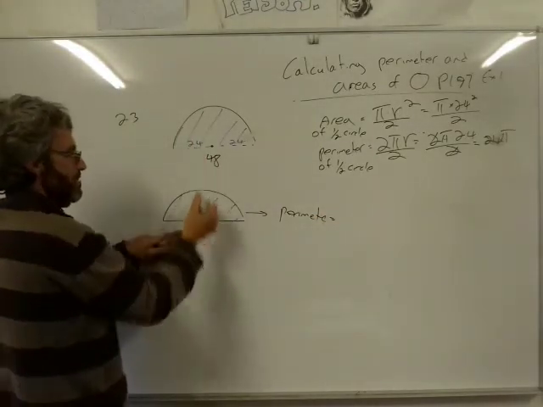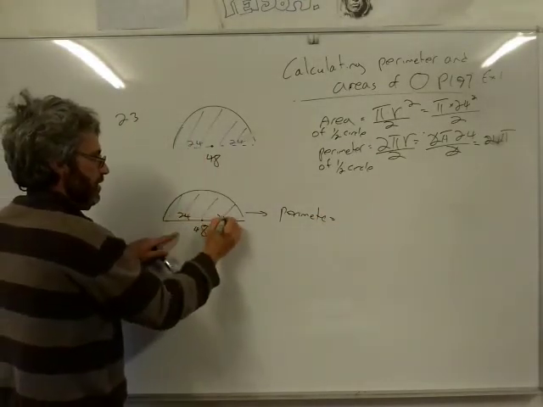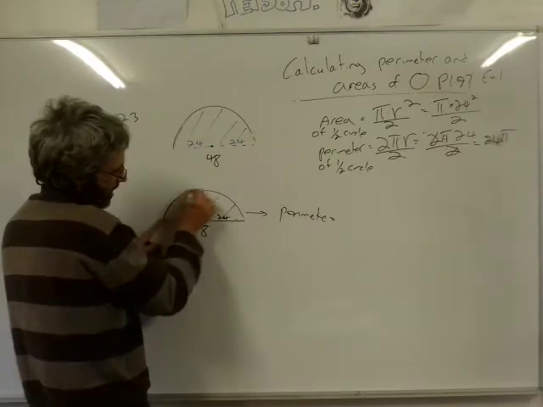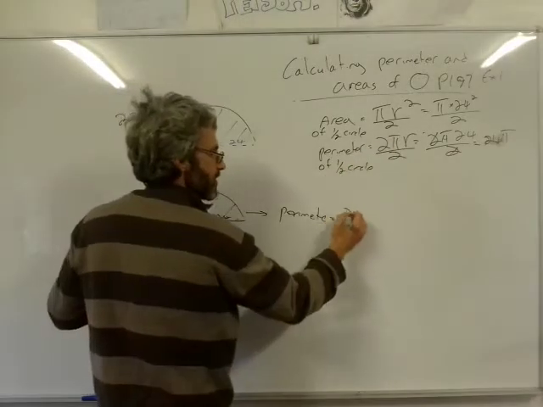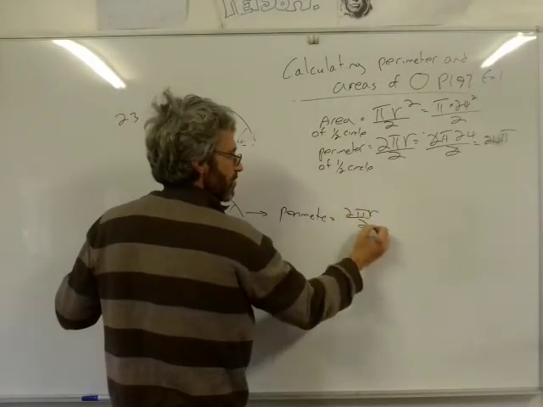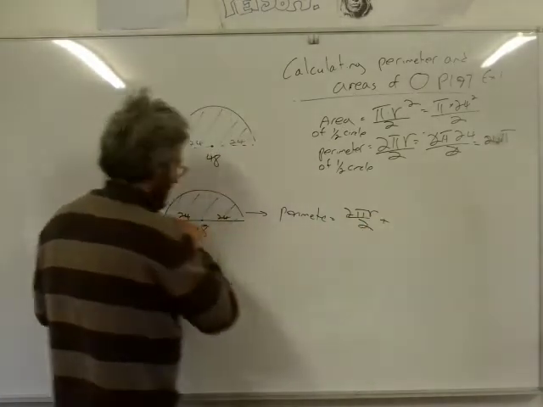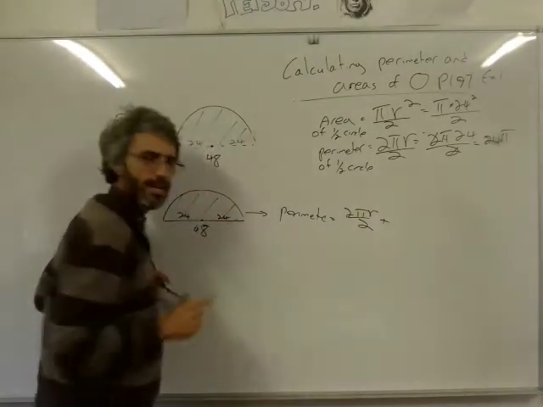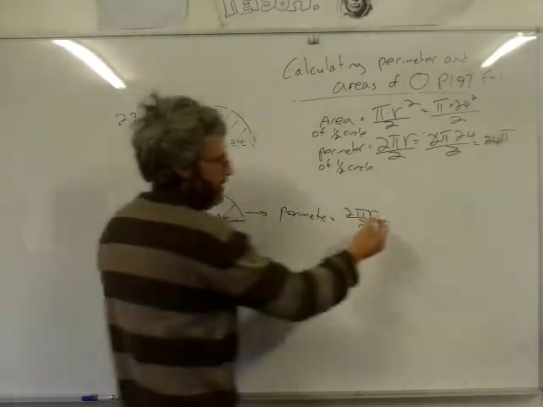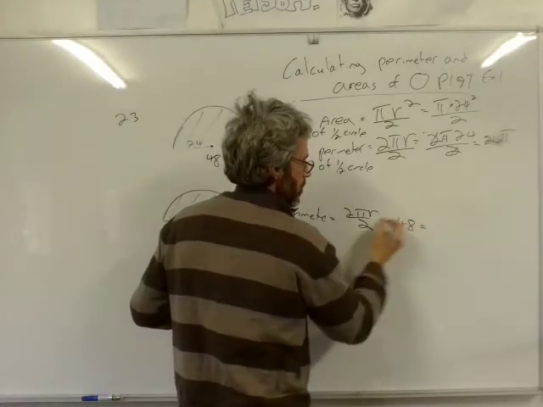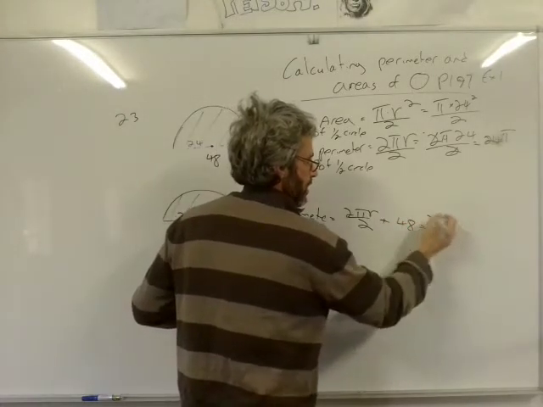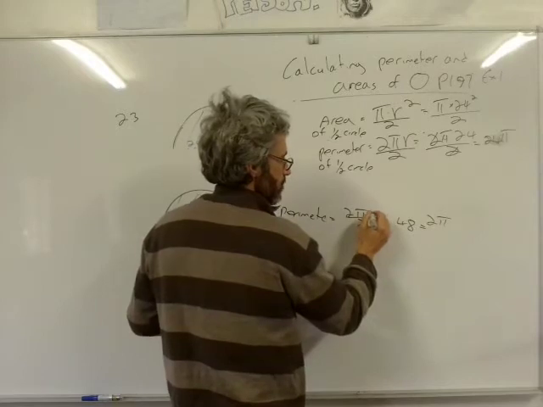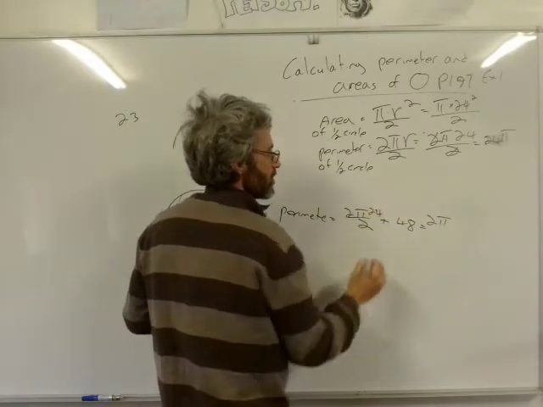I'm using the same number, so I know this is 24, this is 24. So the perimeter, the length of this, is just like we did here, 2 pi r divided by 2. But I have to add this length. And what's the length here? It's 48. So it's going to be 2 pi, which is 24 pi, right? The r is 24.